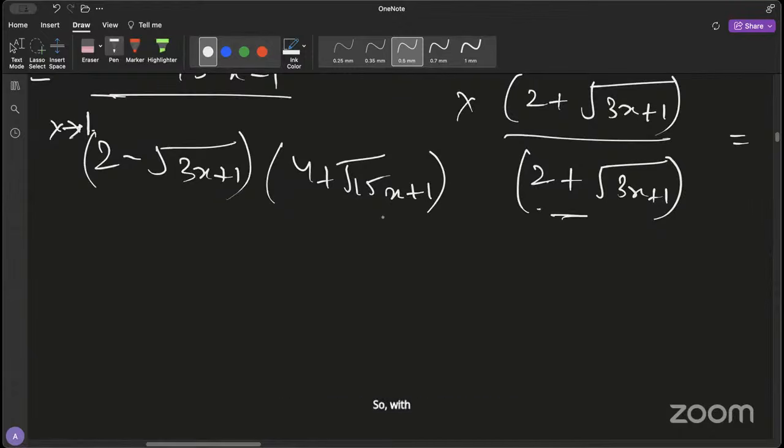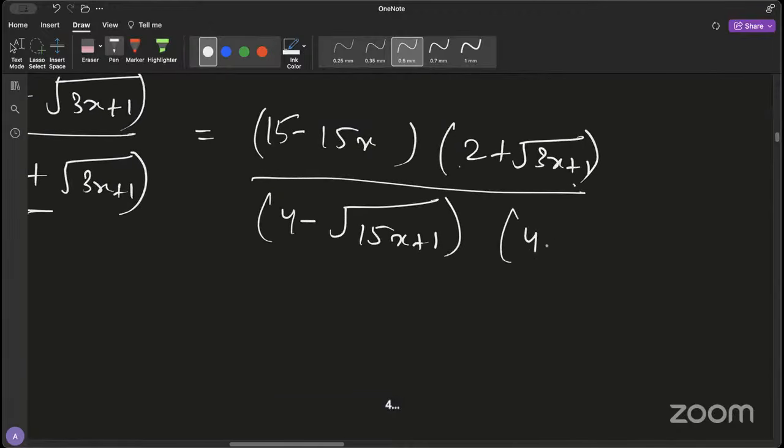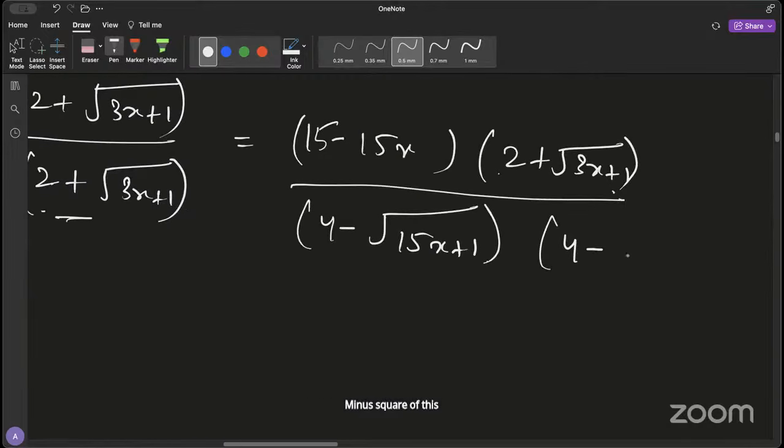So with these two, I'll have 4 minus the square of this, right? So this is 3x plus 1. So this will give me 3x minus 1, which is just this thing, right?